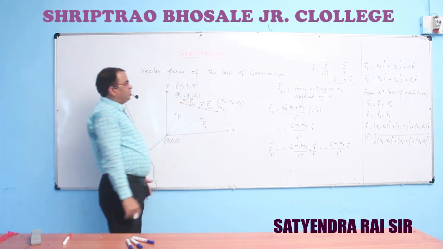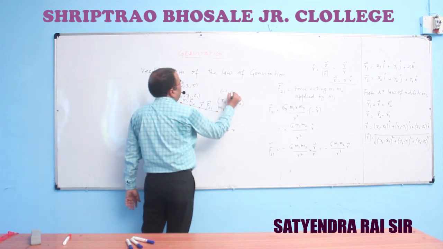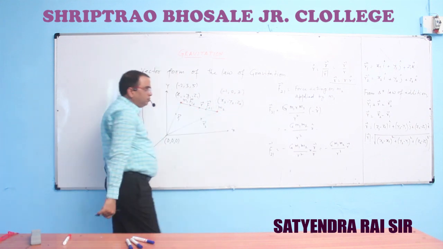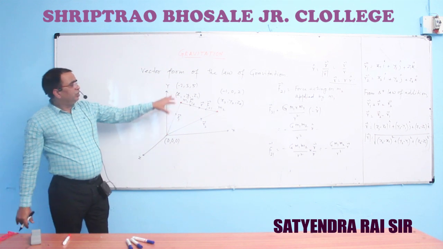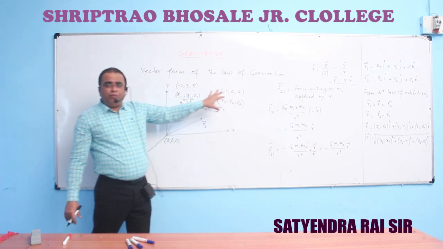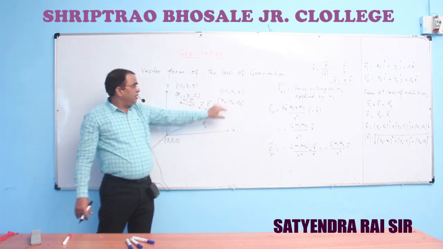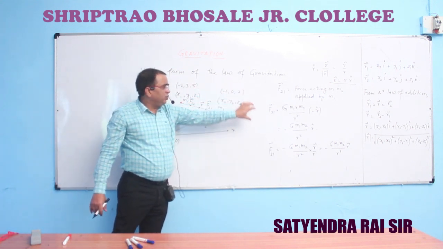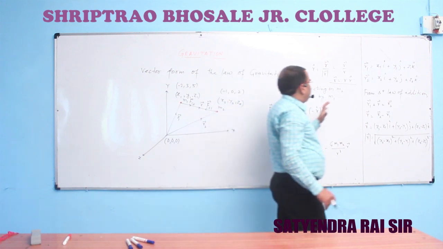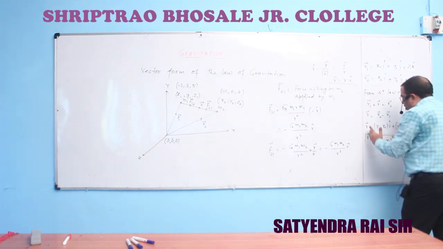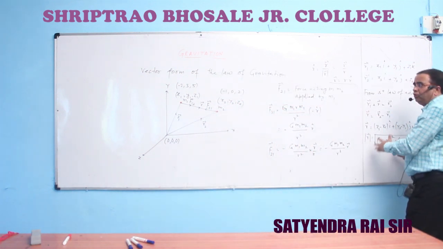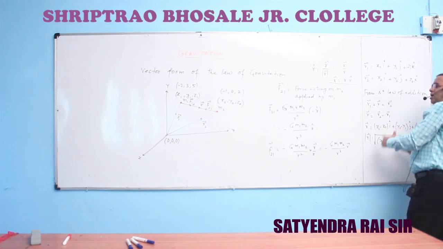Similarly, x2 can be given as -1, 0 and 2. So these two are the coordinates given. So x1, y1, z1 are given, x2, y2, z2 are given, and then we have to go through this part of the solution to finally get the answer.